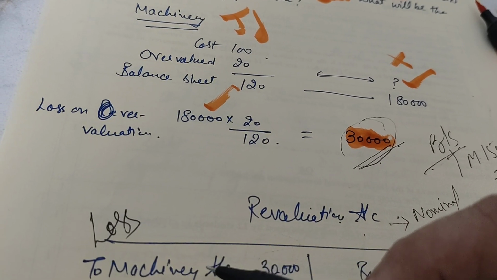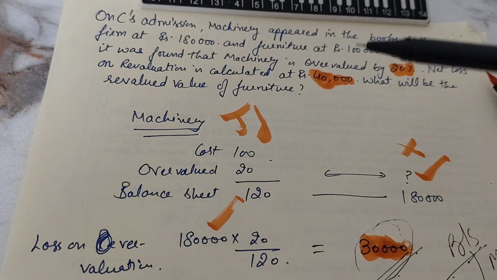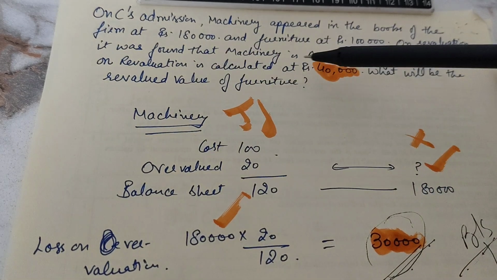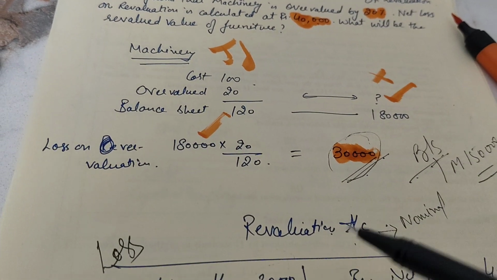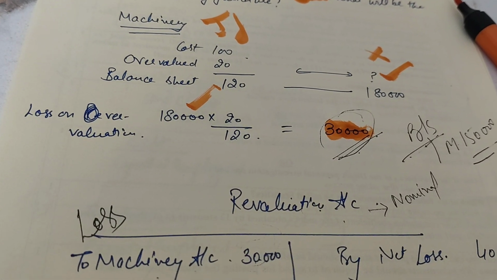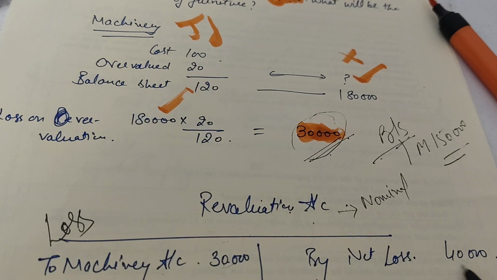So machinery has been debited for a loss of 30,000, and it was given in the statement that the loss on revaluation was rupees 40,000. So when the revaluation account was totalled, the total of the debit side gave a net loss of 40,000, right?